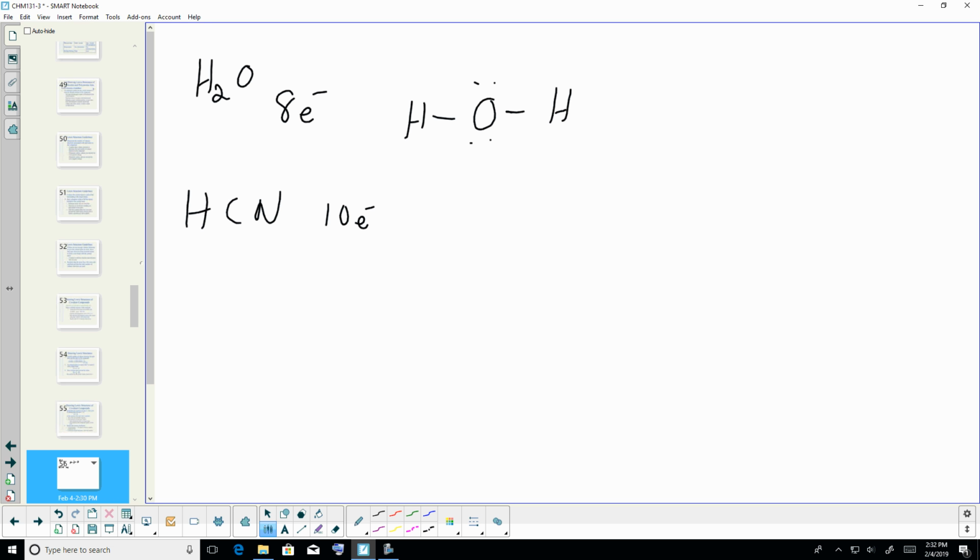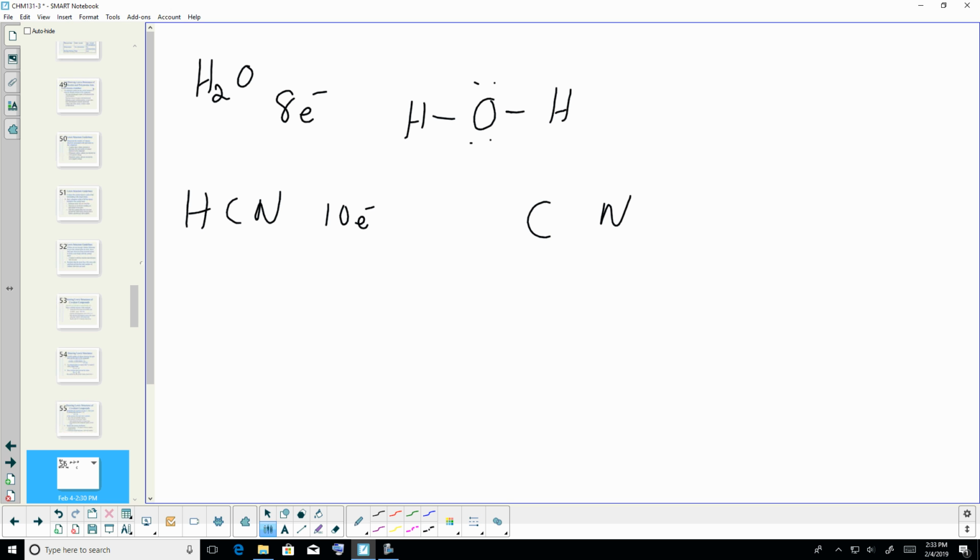Well, hydrogen can't be the middle. So what's the middle, carbon or nitrogen? Why? It's in the same row. So which one is the least electronegative, carbon or nitrogen? Carbon, because electronegativity increases from left to right. So I know carbon.